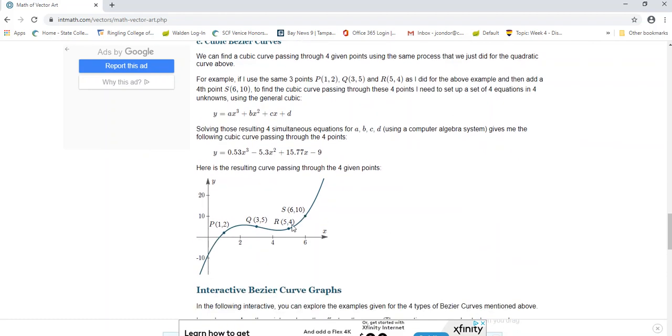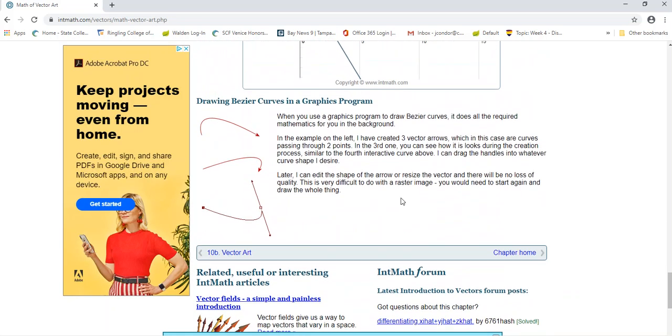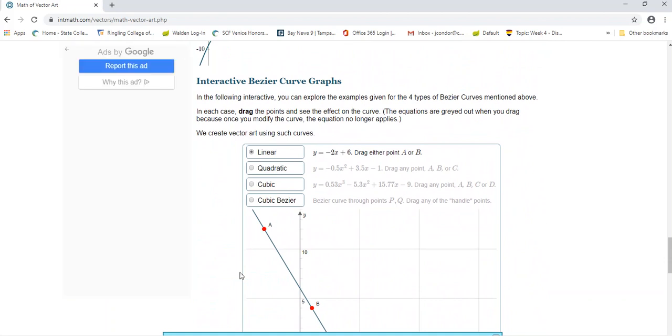So you see you got 1, 2, 3, 4, right? And then you can get some nice curves out of that. All right. And there's a little activity here you can take a look at. We're just going to go ahead and move on and change that.